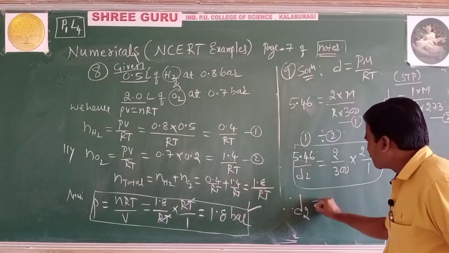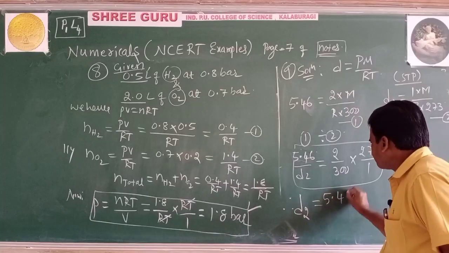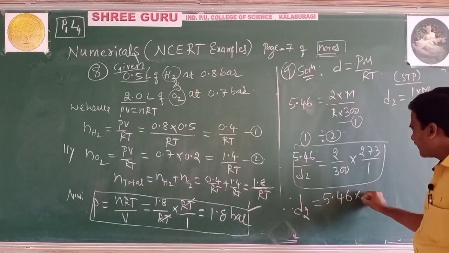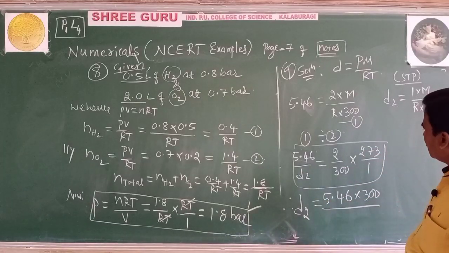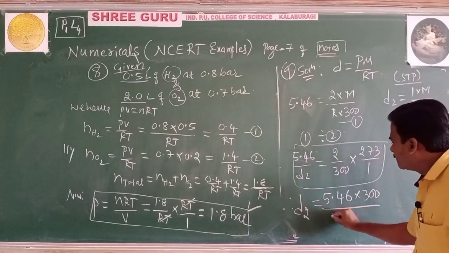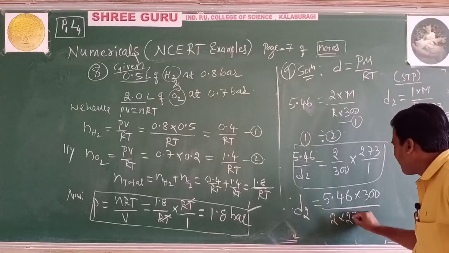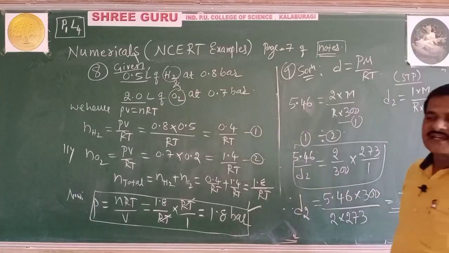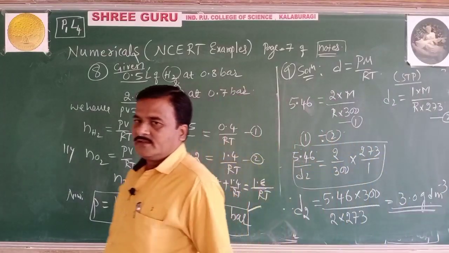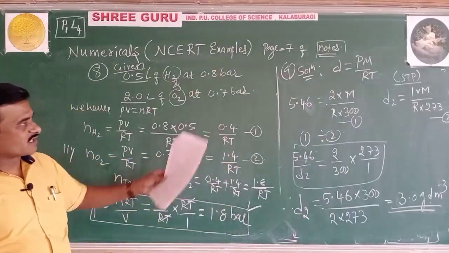D2 is 5.46 into 300 whole divided by 2 into 273. This you get as 3 gram per dm cube, as the unit. This is the density at STP. This completes the solution of the ninth one.